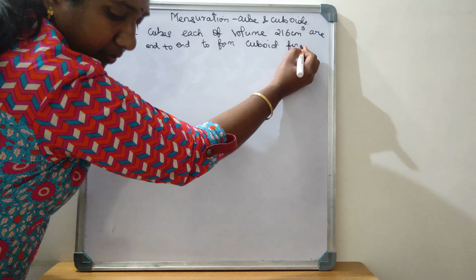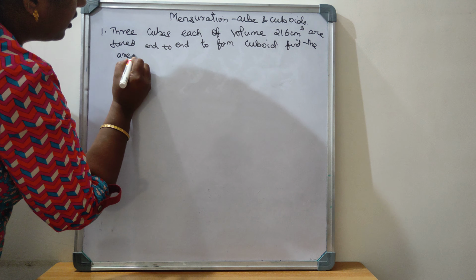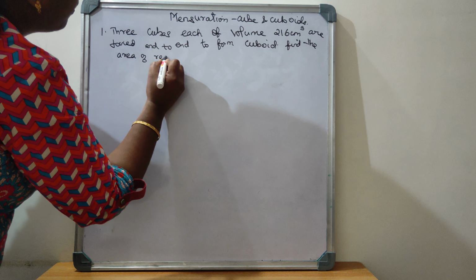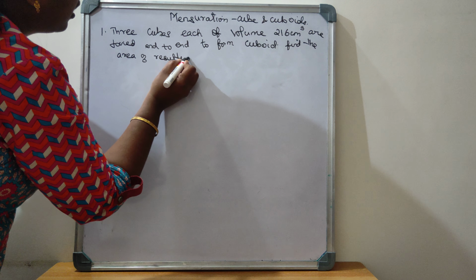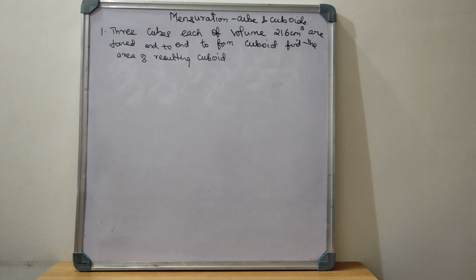Find the area of the resulting cuboid. So here we are going to combine three cubes end to end, and those three cubes are combined together to form a cuboid, and they are asking us to find the area of the cuboid.